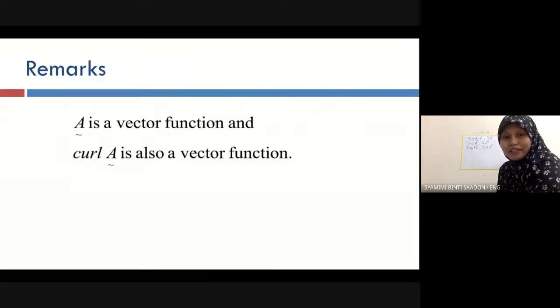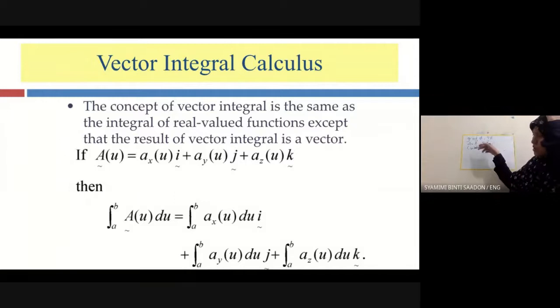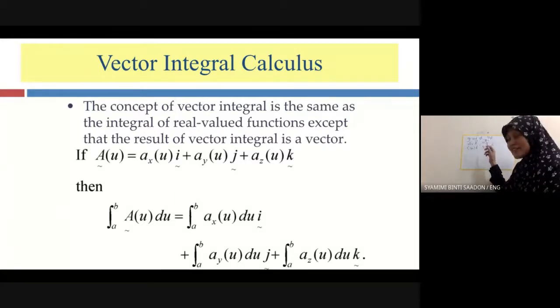Those are the vector differential, derivative calculus. The next part involves integrals.